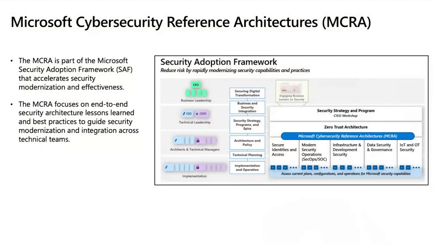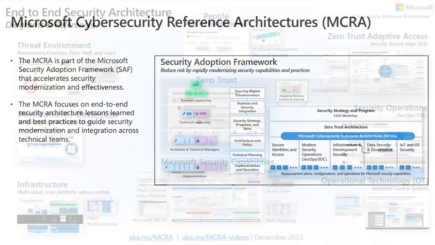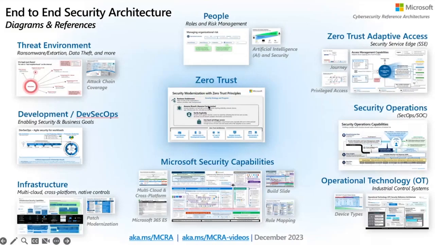For example, a reference architecture for zero trust adaptive access; what comes in security operations; what comes in Microsoft security capabilities, how these are connected and collaborating with each other; what recommendations we have for infrastructure security, operations technology, and development and DevSecOps security. All these recommendations and reference architectures we have in MCRA.